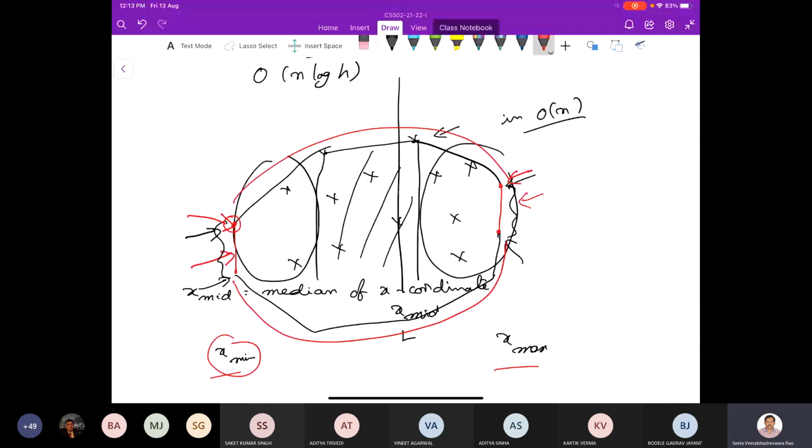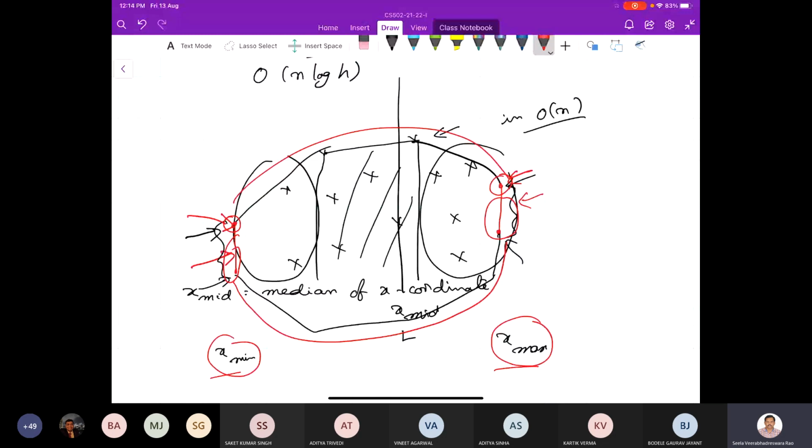So you basically remove this part of the points from our computation, since we are only computing the upper hull. Now the algorithm for finding the upper hull is as follows.